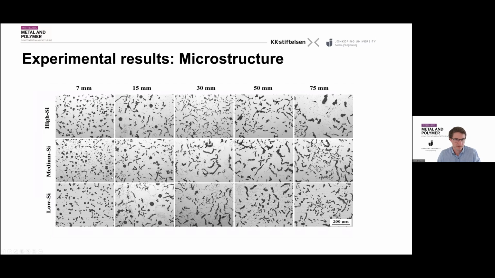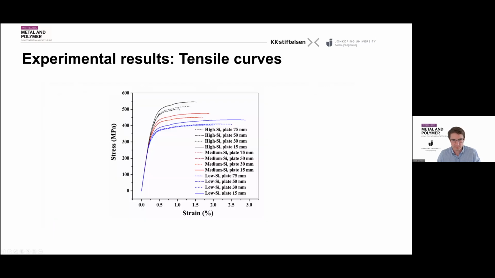And if we look at the tensile curves, we can also see that the material behaves quite differently. It gets different strengths. The blue curves here are with the low silicon with different thicknesses. You can see that the thickness also affects the strength here. So the cooling rate has changed the microstructure, and we then also have a different strength of the material. The red curves here show the medium silicon content, and the black ones the high silicon. So we can see that there is a clear effect of the silicon content here.